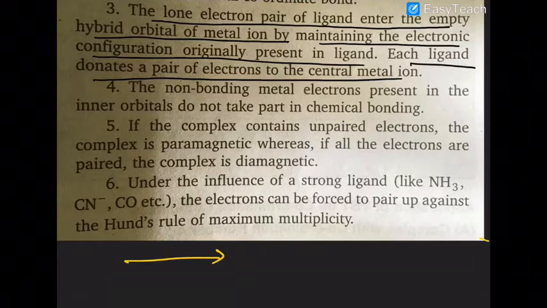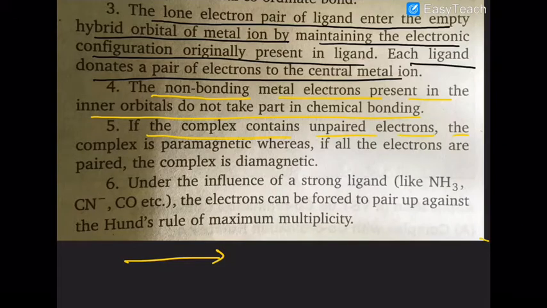Remember that the non-bonding metal electrons present in the inner orbitals do not take part in chemical bonding. The inner orbitals which do not take part in hybridization will not take part in that type of bonding. If the complex contains unpaired electrons, the complex is paramagnetic, whereas if all the electrons are paired, the complex will be diamagnetic.